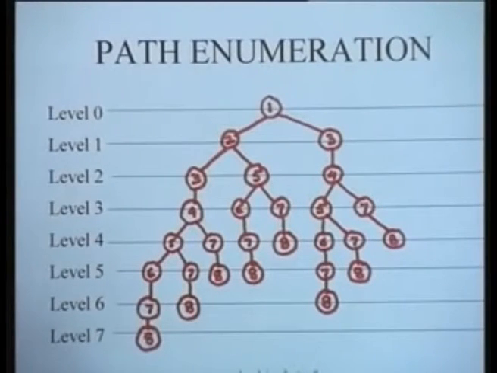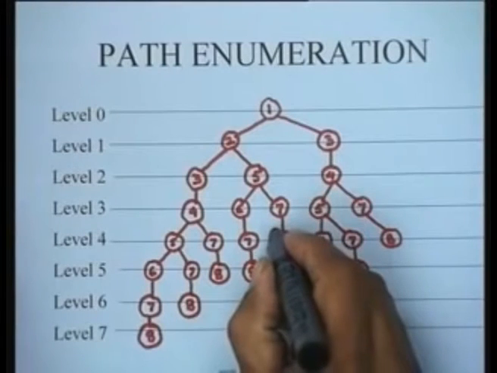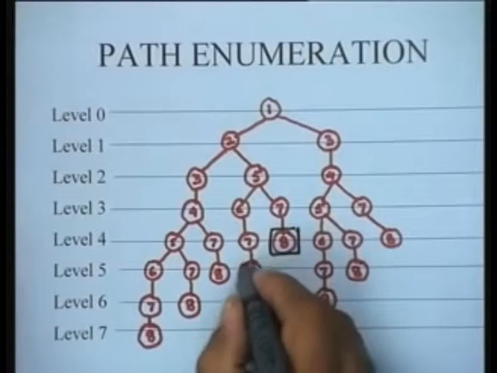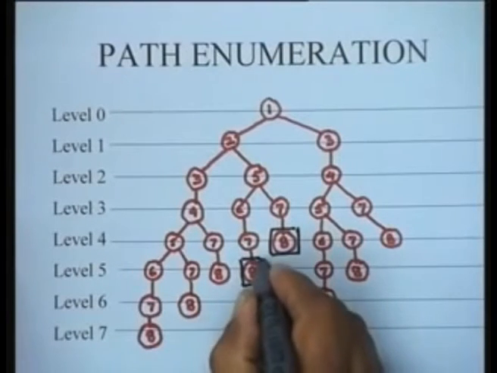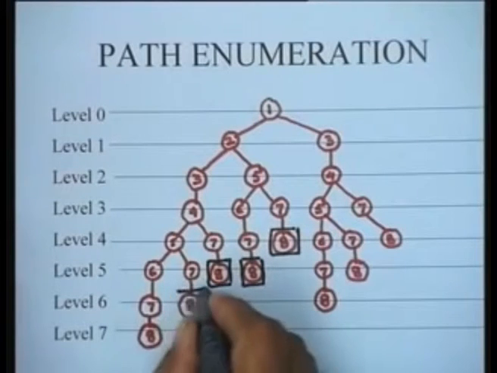So what I have accomplished is that I have been able to enumerate all the nodes in the network. When you come to node 8, this is a terminal node, because 8 is the final sink in the network.